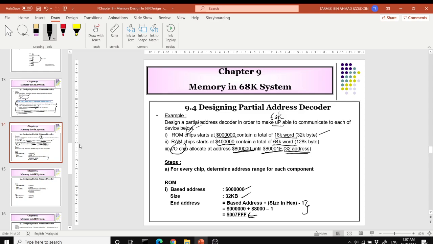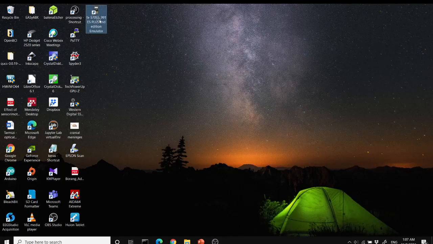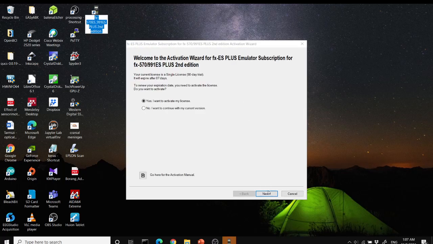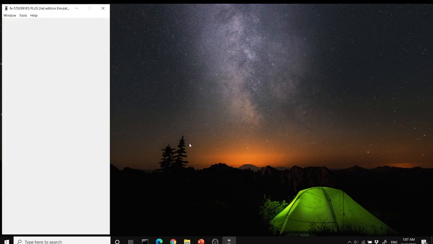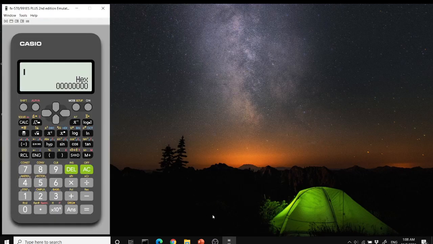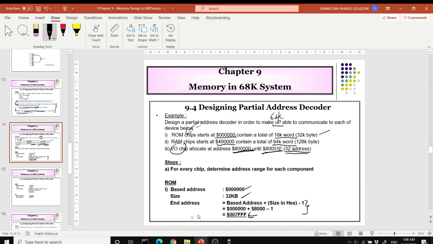For some of you who don't know how to calculate, I'll go through it very fast. Again, it's fairly easy, not so complicated.